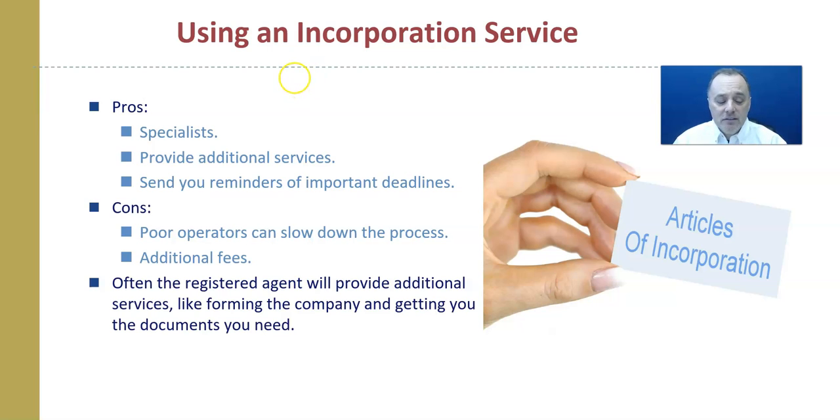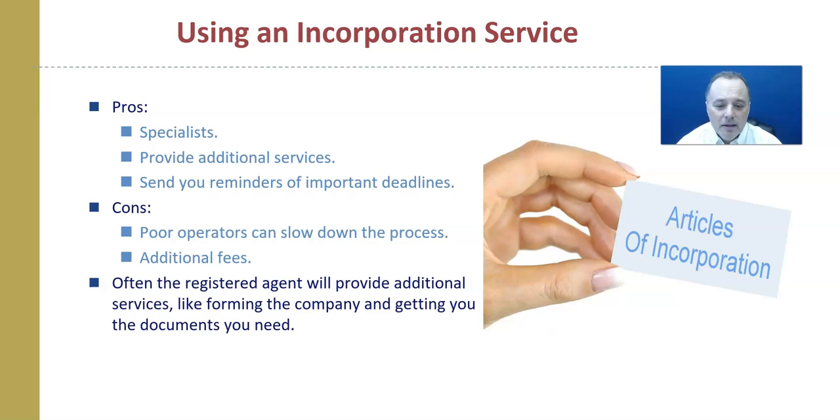There are additional fees, but it's not expensive. Often the registered agent will provide additional services. So sometimes, let's say you're paying $75 a year for your registered agent service and then $89 to form your corporation. Well, often you'll find that these registered agents will do the incorporation for you and provide you with additional services, even things like stock certificates for $200, $250, $300.